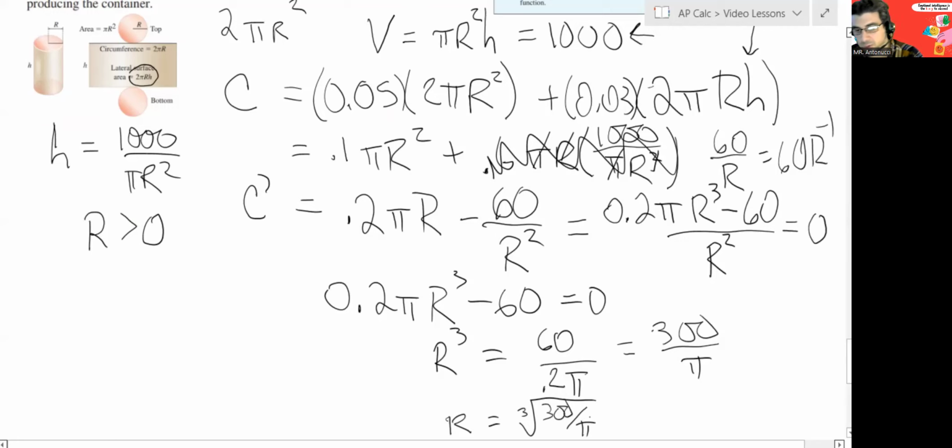Now we can use the second derivative test in order to determine if that's a relative max, relative min, or inconclusive. So what we can do is go back to the pre-simplified form of C prime to get the second derivative. So C double prime is 0.2 pi plus 120 over r cubed.